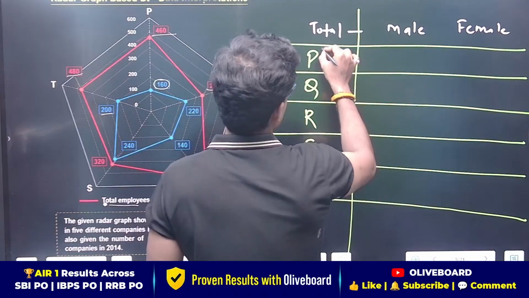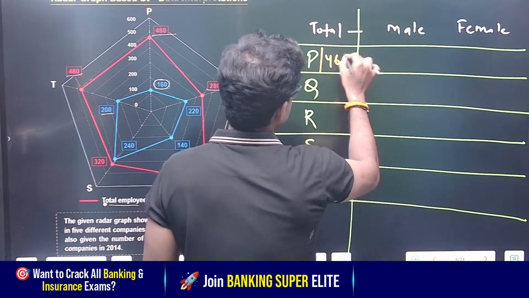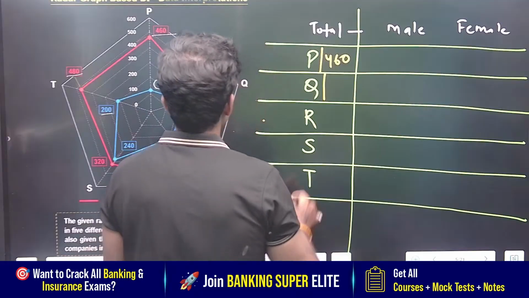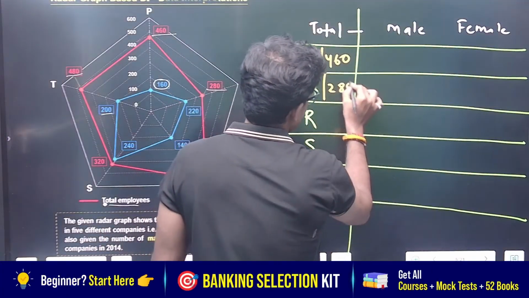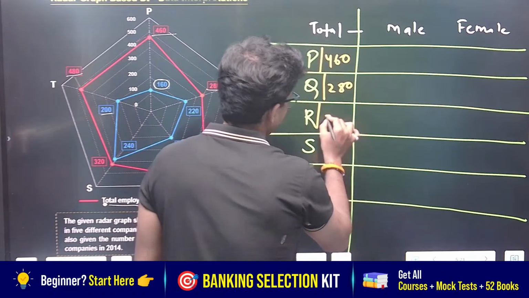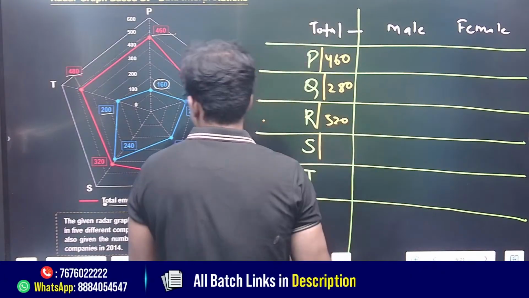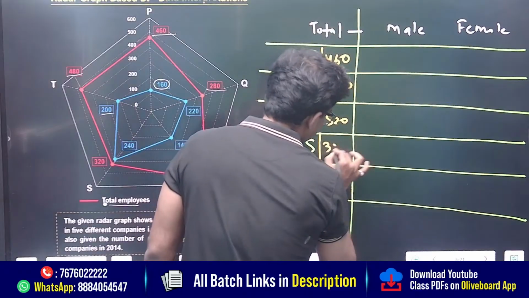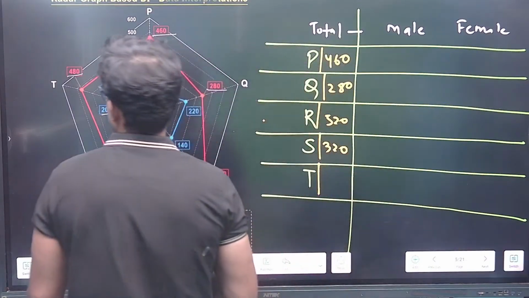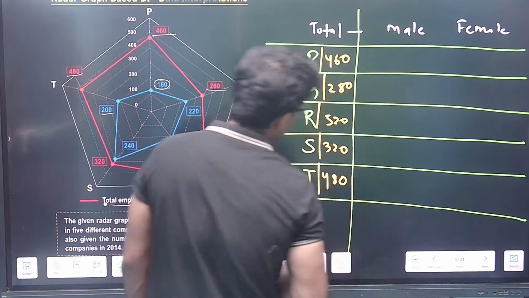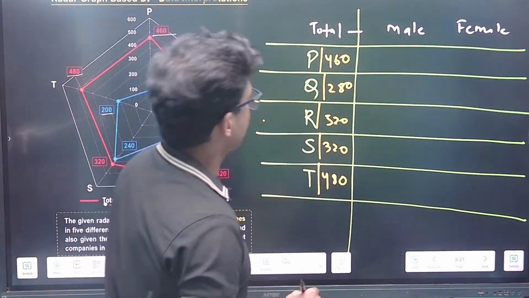Total employee in Q is 280. Total employee in R is 520. Total employee in S is again 320. And total employee in T is 480. Is it right? So these are the total employees I got.